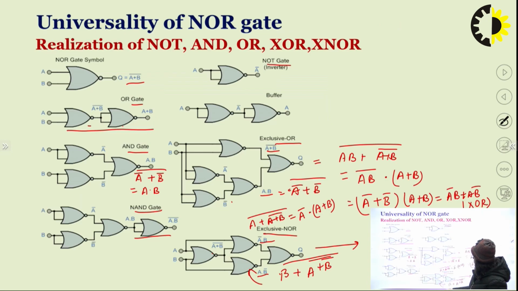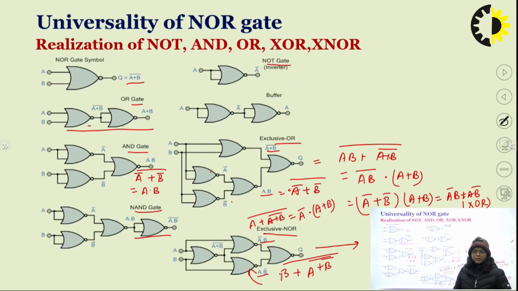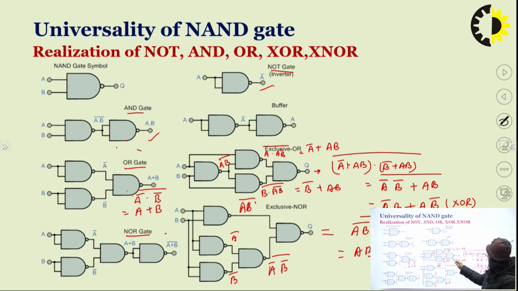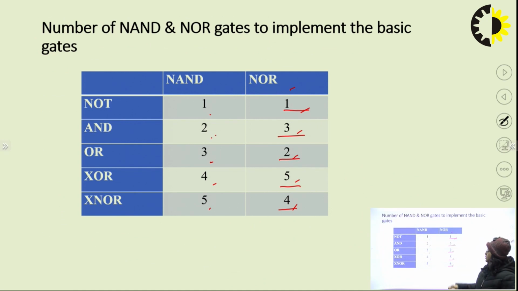For XOR we require 2, 3, 4, 5, and for XNOR 4. So 5 and 4. Similarly, using NAND gate we require for AND 2 or 3, NOR 4, NOT 1, XOR 4 and XNOR 5, which is written here.